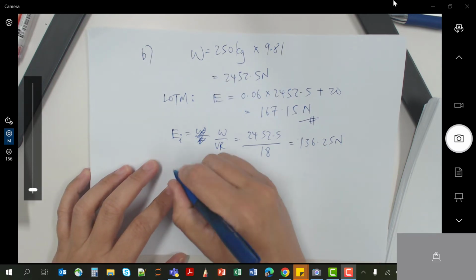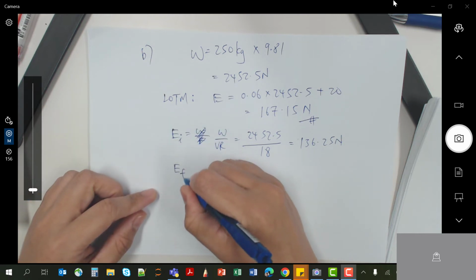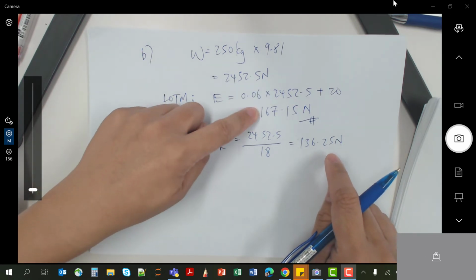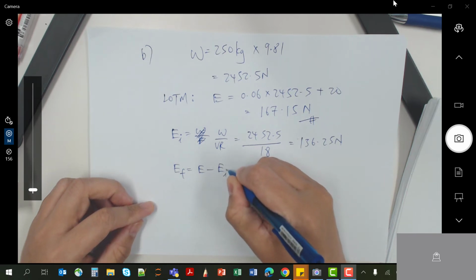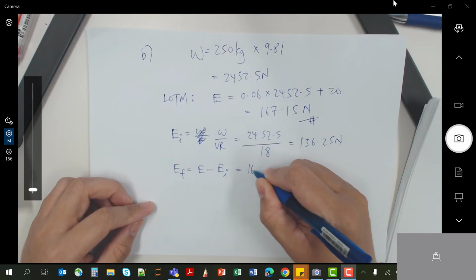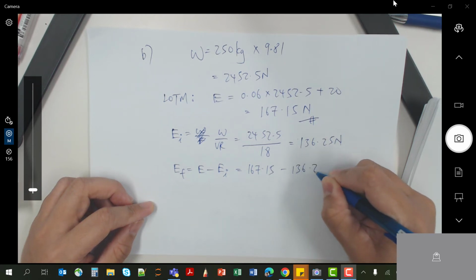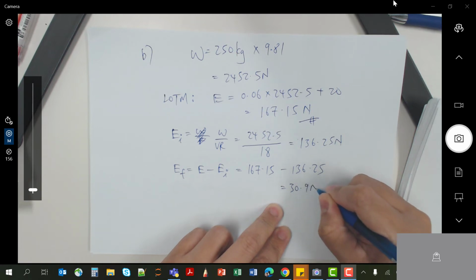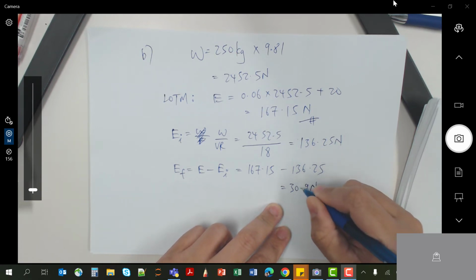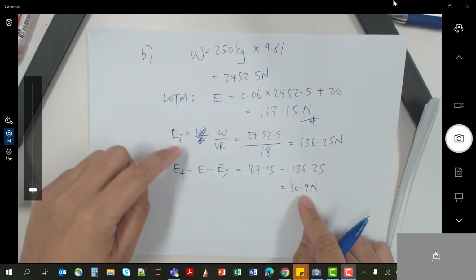Okay, the effort is this, so the friction effort is this minus this. Okay, E minus ideal. So this will give you 30.9 Newton. Usually friction effort is quite small. It will be the smallest among the 3 E's. Okay.